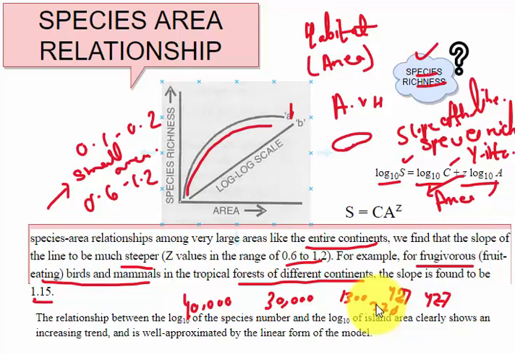Okay, so the tropics are very rich in diversity. The species richness is very high, and it is full of biodiversity.